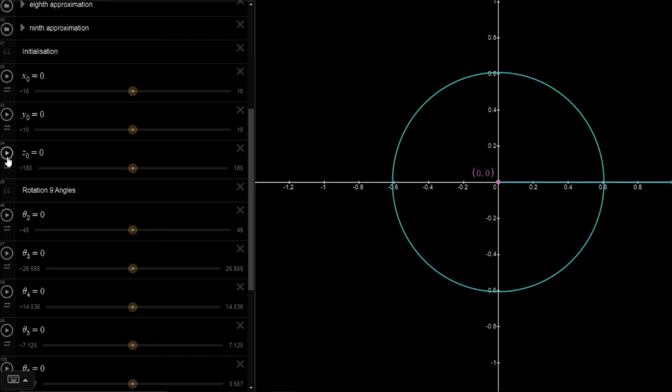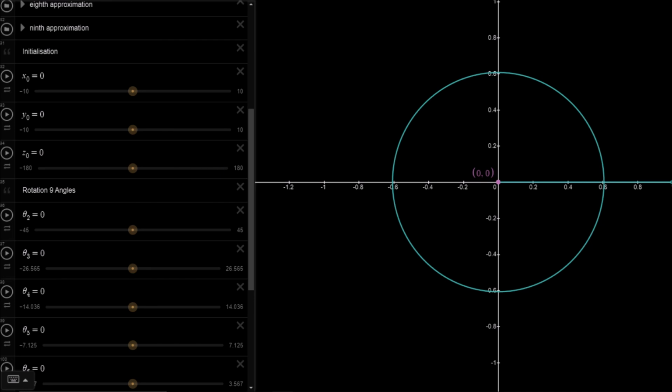So that's vectoring mode. In the rotation mode, we're going to again set up the initialization values, which are x0, y0 and our z0. Now we're going to adjust the value for our z0 such that the final value tends towards 0. So we're going to be again adding and subtracting off these angles, but we're going to be doing it from this point here.